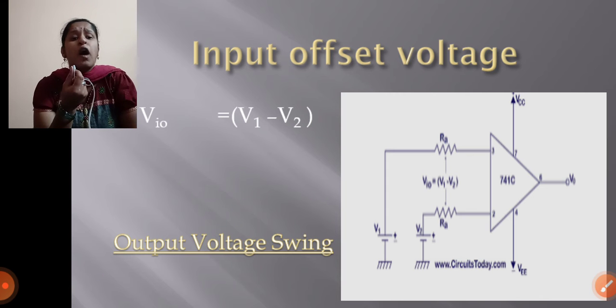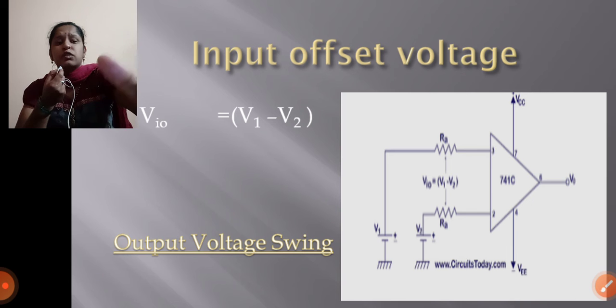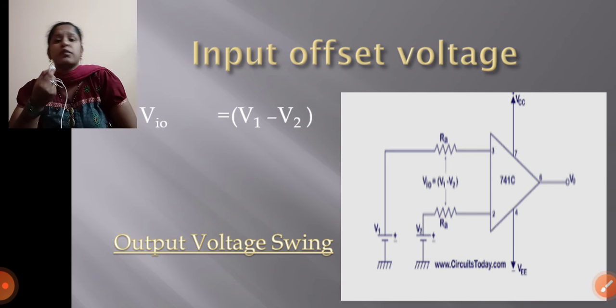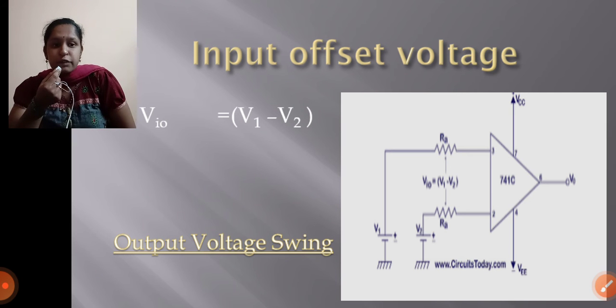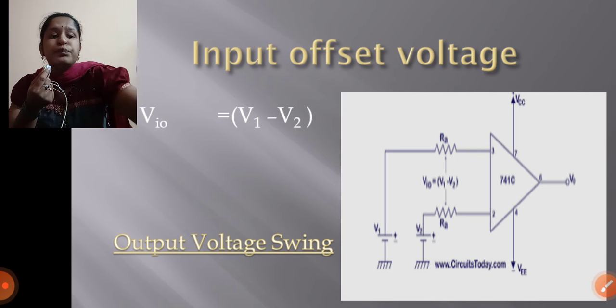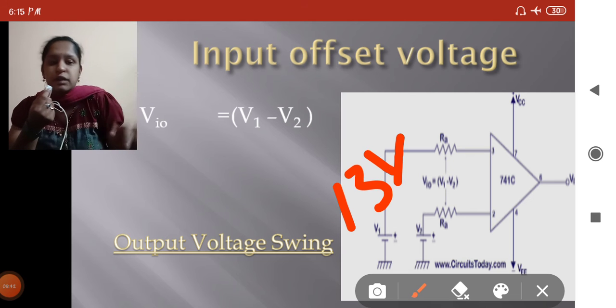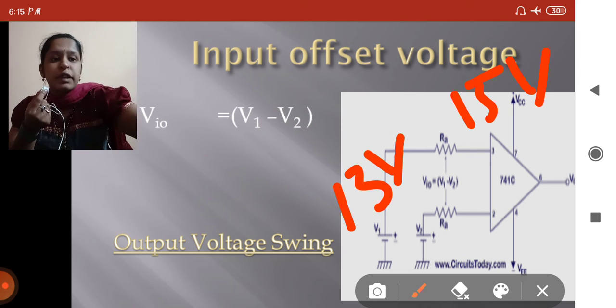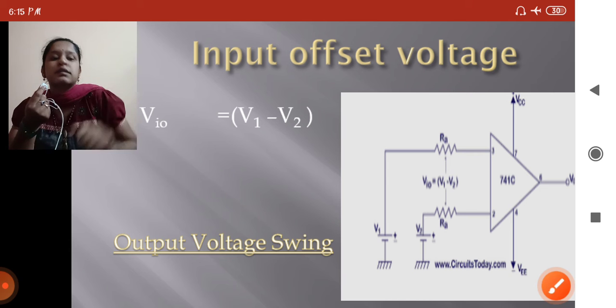Next is the output voltage swing. This does not belong to this circuit; this is one more parameter. The output voltage swing means, if you are applying 13 volt here, 15 volt here, and minus 15 volt, right?